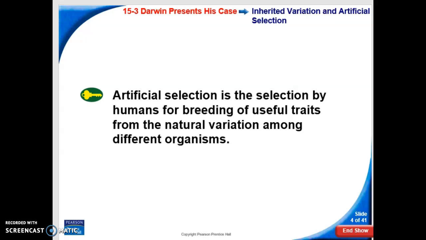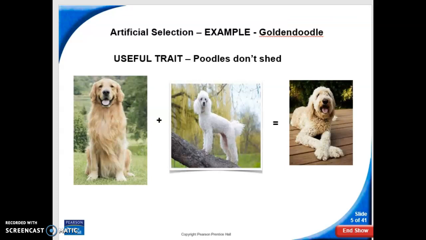Now, a pretty good example of artificial selection right now is dogs. We breed dogs for useful traits. Here's a pretty good example. You have a golden retriever, and you cross it with a poodle, and you get one of the very popular dogs called a goldendoodle. One reason those are very popular right now is because poodles have a very useful trait: they don't shed.